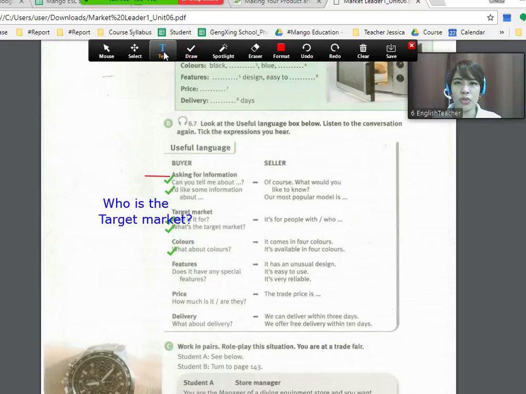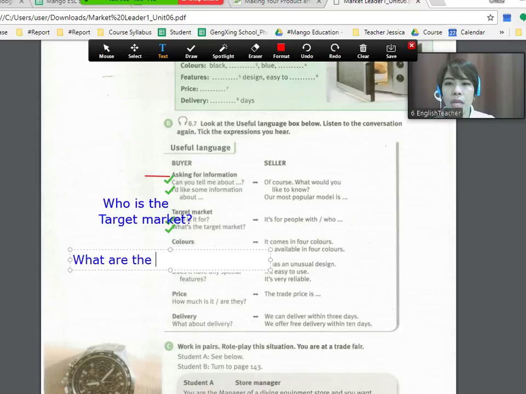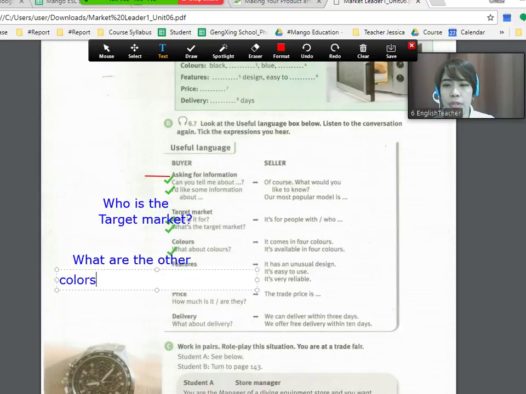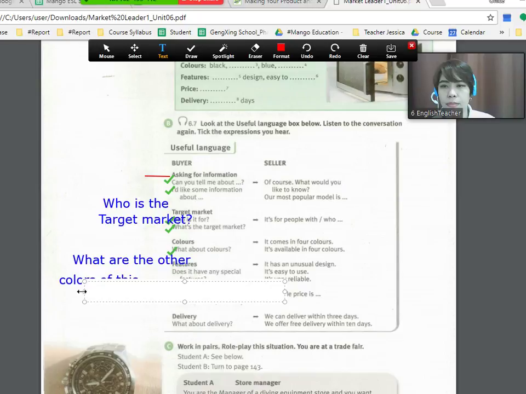Okay, I'm going to write that so you will remember. What are the other colors of this product? Okay, very good. So that's usually the common question.